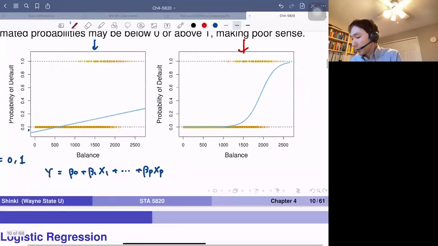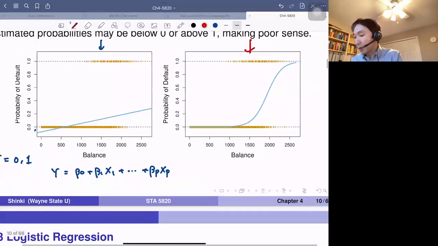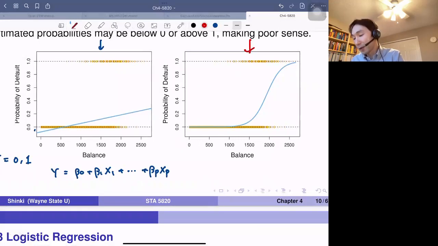We see that the probability of default is higher if the balance is higher. So the fitted probability of default should look like this, the blue line.